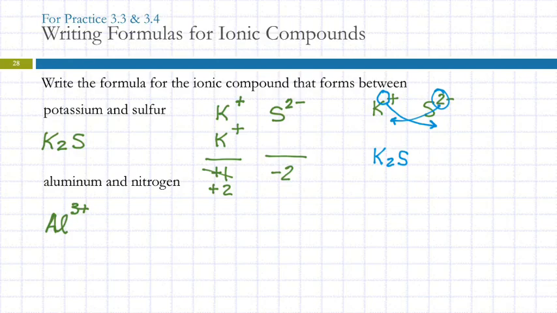And then nitrogen is N. And what charge does the nitrogen ion have? 3-, counting backwards on the periodic table. So I look at these, +3 and -3. Do I need to do anything to them? No. Just push them together. A, L, N.